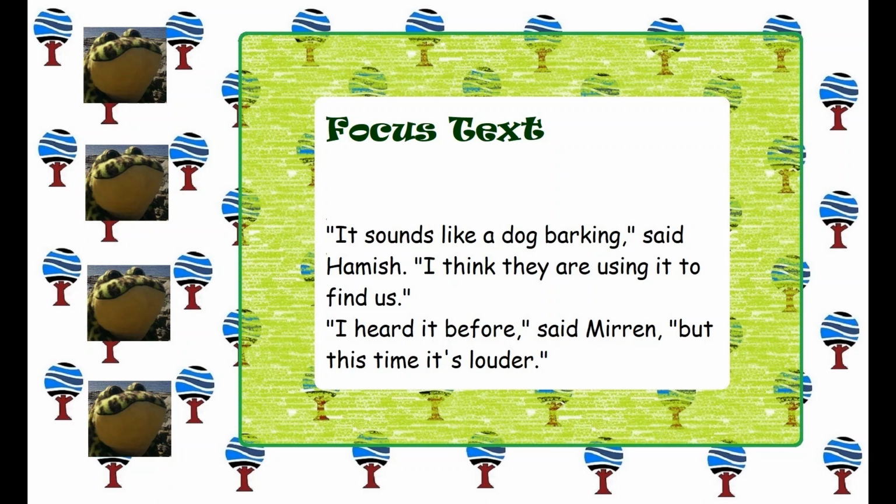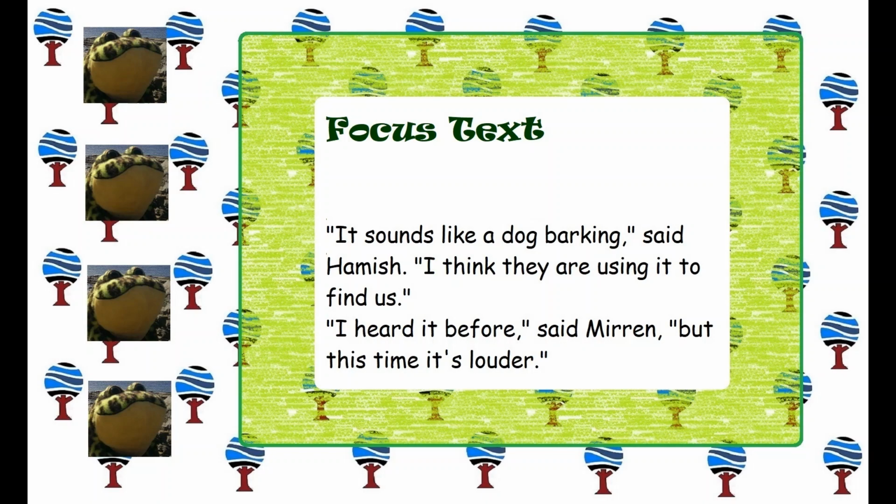So we have speech marks, capital letter, "It sounds like a dog barking," comma, speech marks, "said Hamish." Full stop. And then he starts speaking again. So we have, with a second sentence, speech marks, capital letter, "I think they are using it to find us," full stop, speech marks.